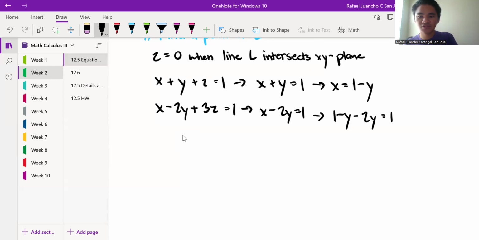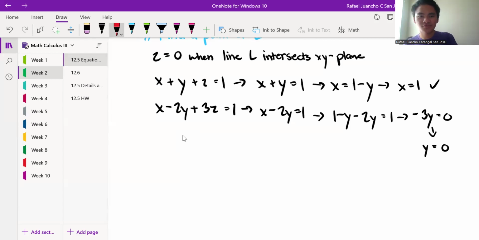And so this is negative 3y is 0. So y is 0, right? So here y is just 0, and so x is 1.